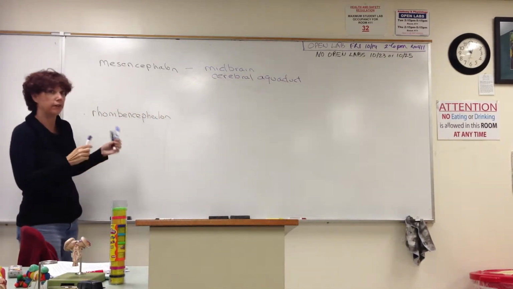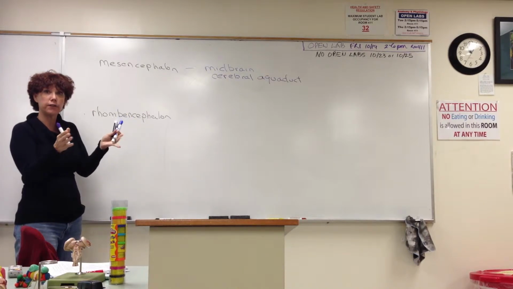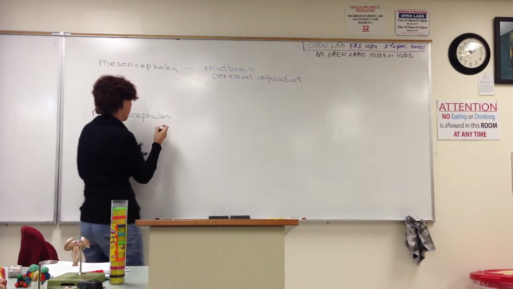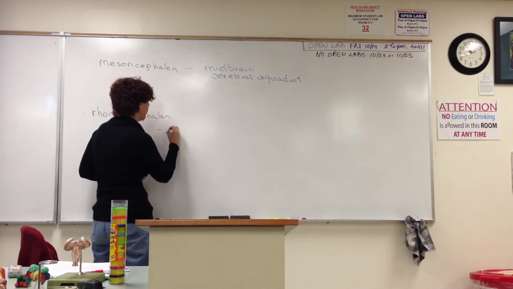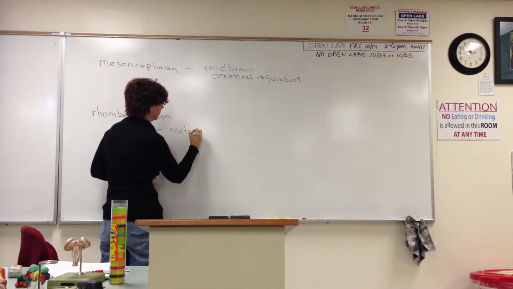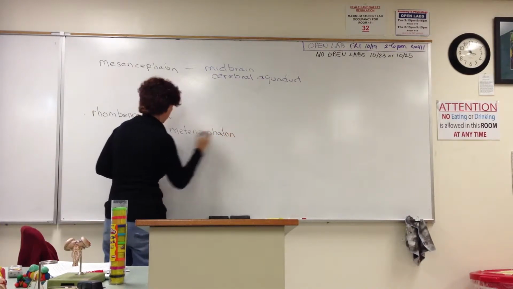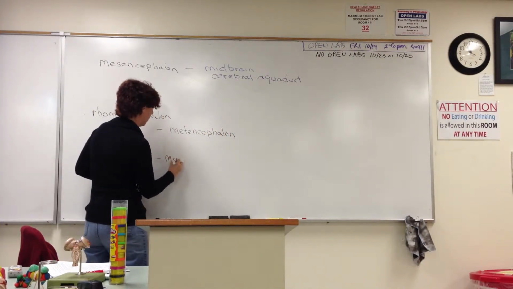Now our rhombencephalon further divides into 2 vesicles. So these are going to be the metencephalon and myelencephalon.